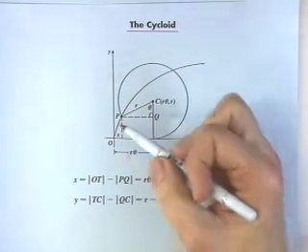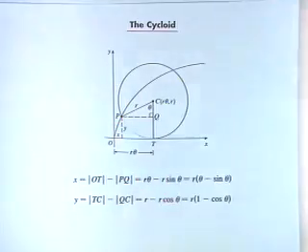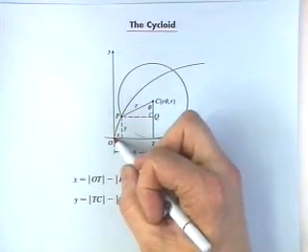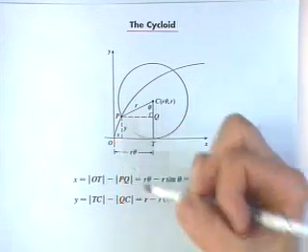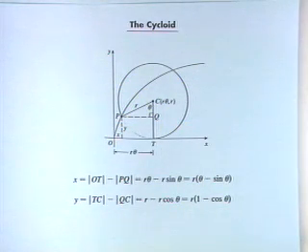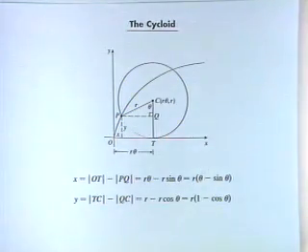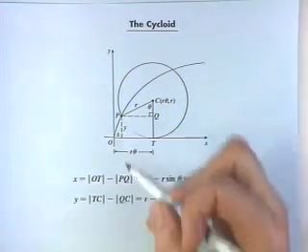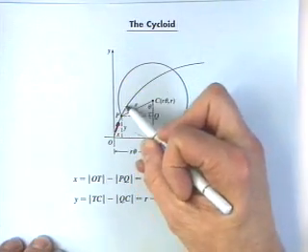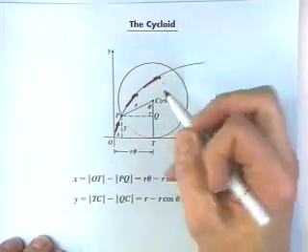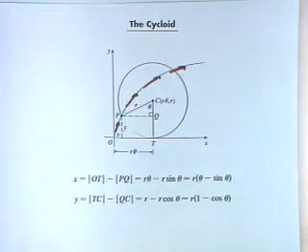So this point, point P, is the point on the circle that I just did the little demo with, and we start it right here. We start it at point 0. And then as we start to roll the circle along the straight line, you can see the cycloid itself being formed. Okay? This path right here is what happens to that point P as we roll the circle along that straight line. So that's the cycloid itself.